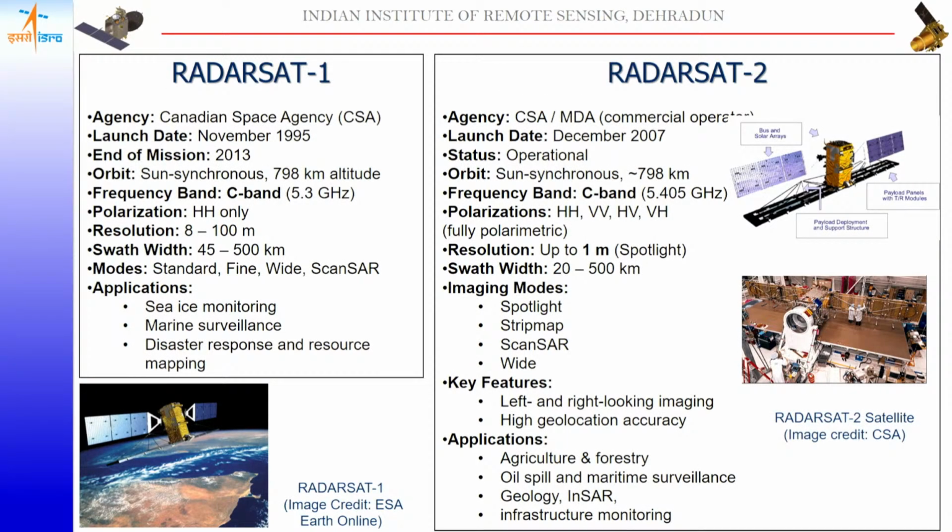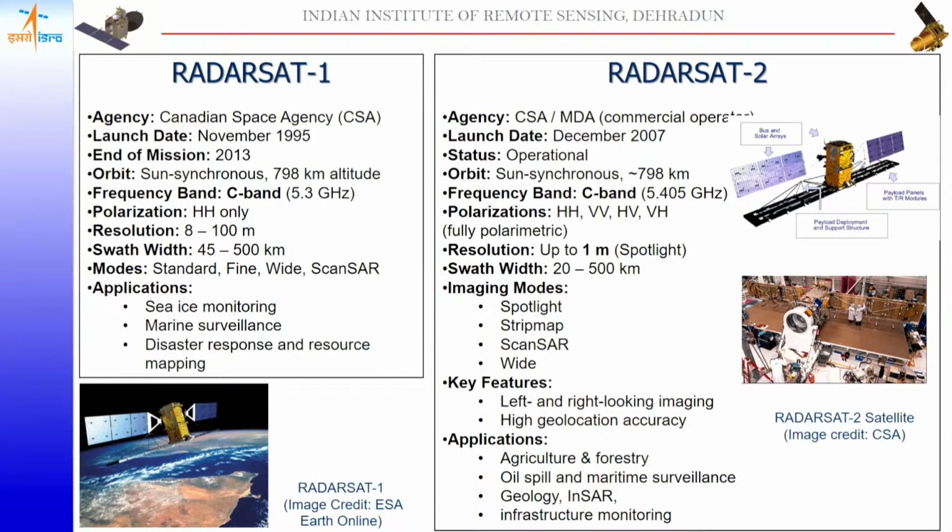Now after that we have the RADARSAT-1 and RADARSAT-2 satellites, which were launched by the Canadian Space Agency in 1995 and 2007 respectively. So now RADARSAT-1 is not operational, RADARSAT-2 is still in orbit, and it has different capabilities.